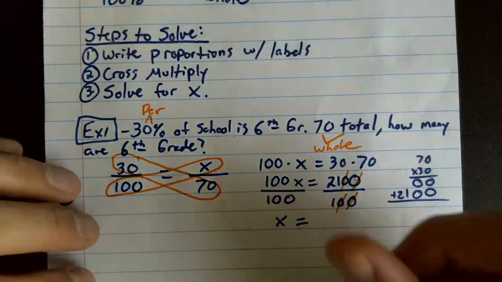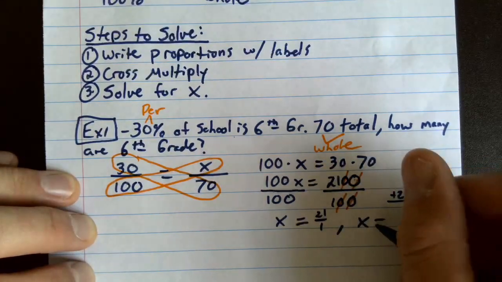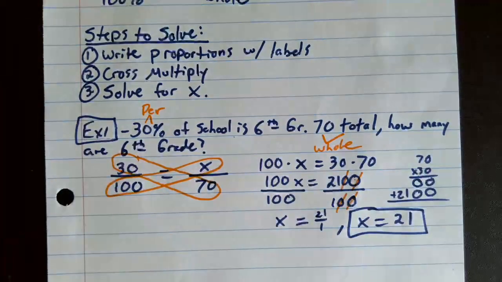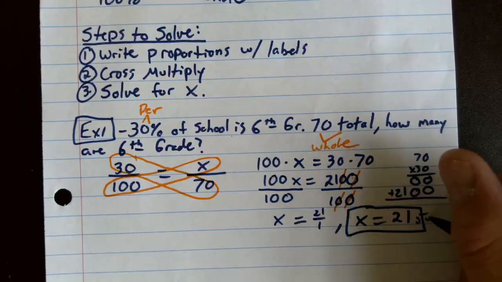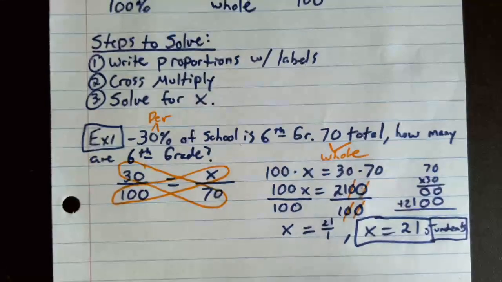Now we're left with 21 over 1, which is also x equals 21. That's it. So 21 students is your answer.